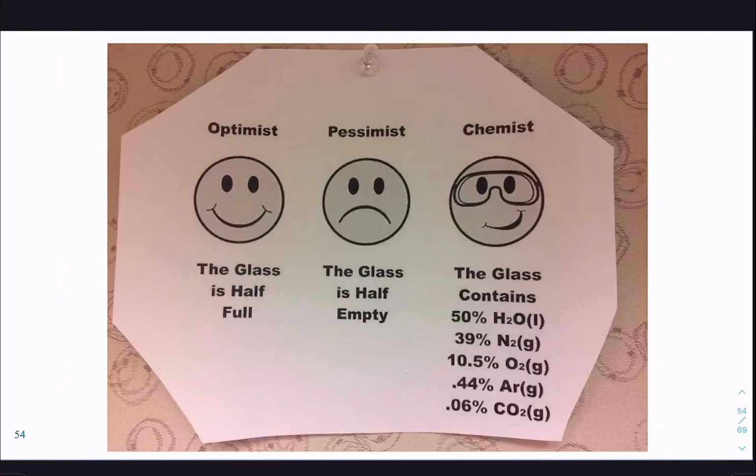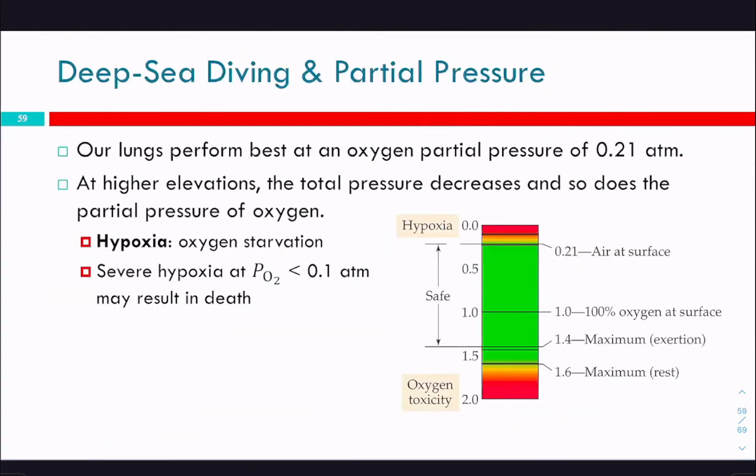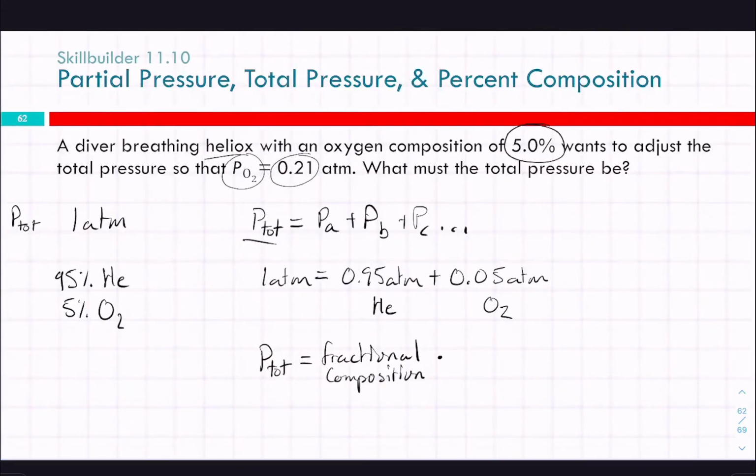It's the total pressure, so I did it backwards. The partial pressure of O2 is equal to the fractional composition times pressure total. So now we have the fractional composition and the partial pressure, so we can solve for P total.